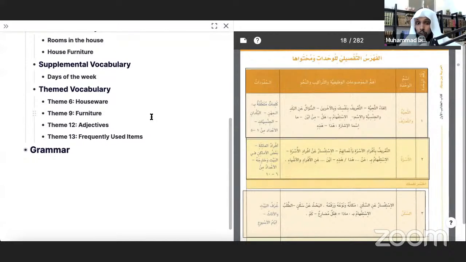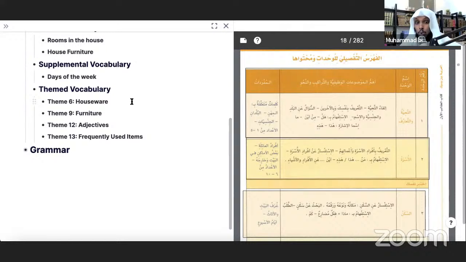We have houseware, very much related to it. For this themed vocabulary, I mentioned it for those of you who want to learn more words related to this unit. All the themed vocabulary is there on Quizlet. I would advise you to navigate to theme 6, theme 9, theme 12, and theme 13.